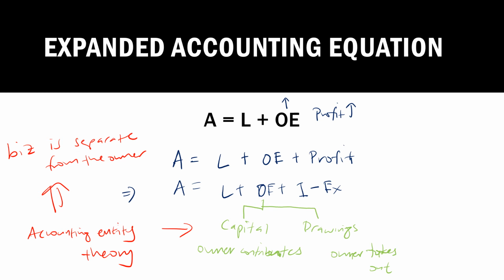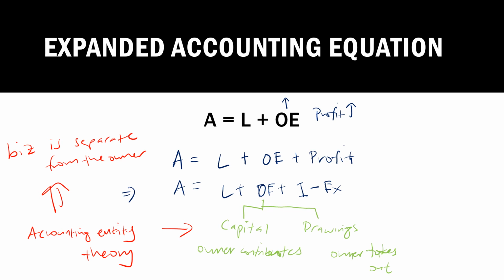A question can ask you, why does the business have to record the capital contributions or drawings? Then you have to say that because of accounting entity theory, which states that the business is separate from the owner and all transactions are recorded from the point of view of the business, therefore drawings and capital contributions have to be recorded.